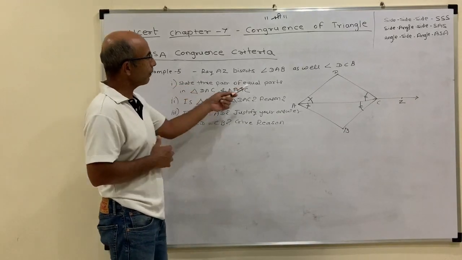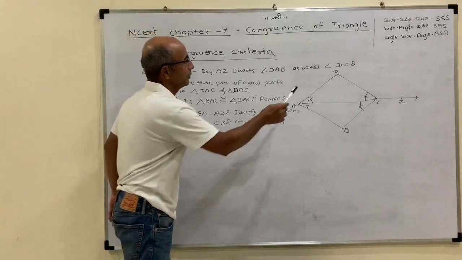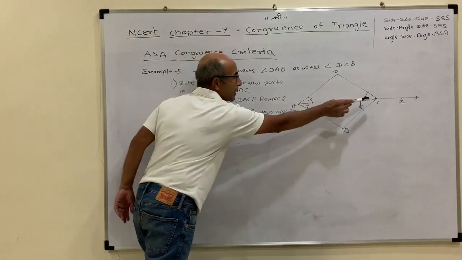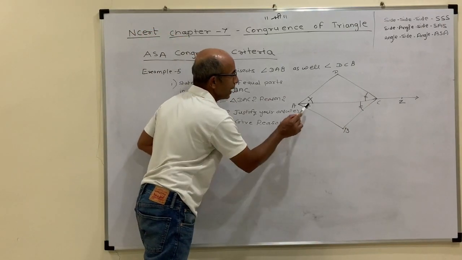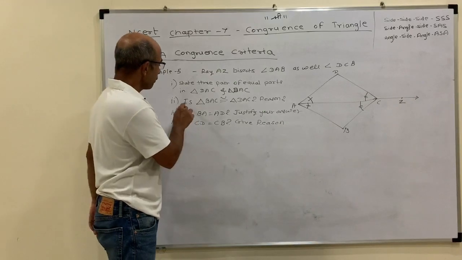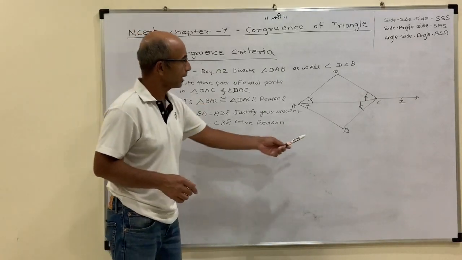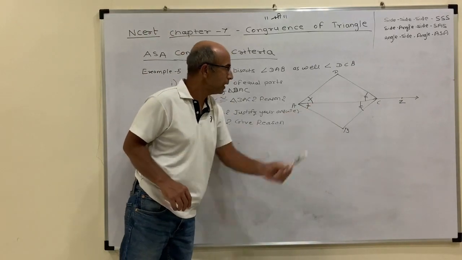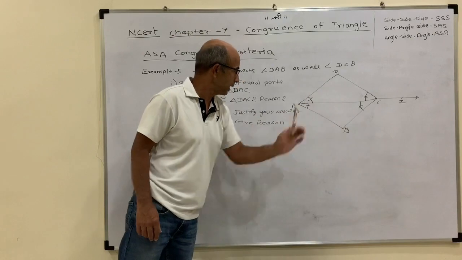State 3 pair of equal parts in triangle DAC, so DA and C, and triangle BAC, BA and C. Second, we need to prove whether triangle BAC is congruent to triangle DAC.